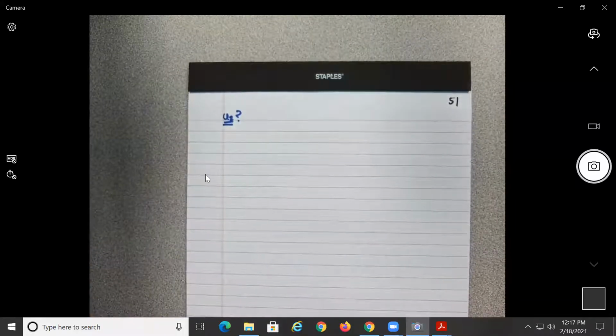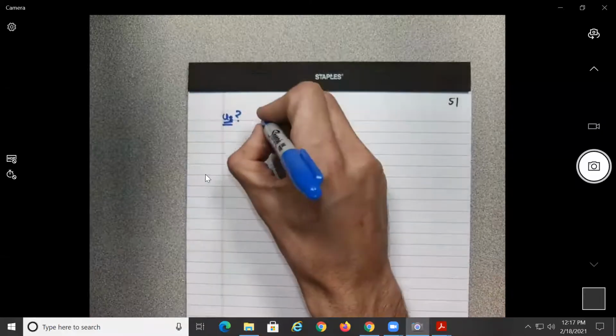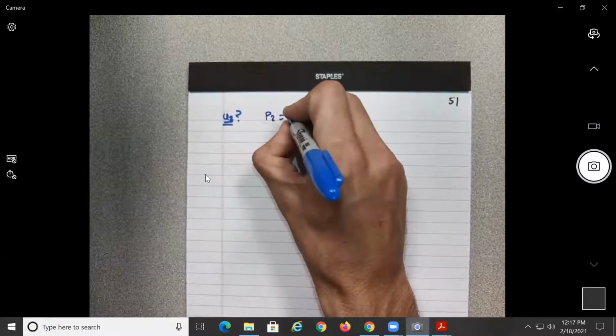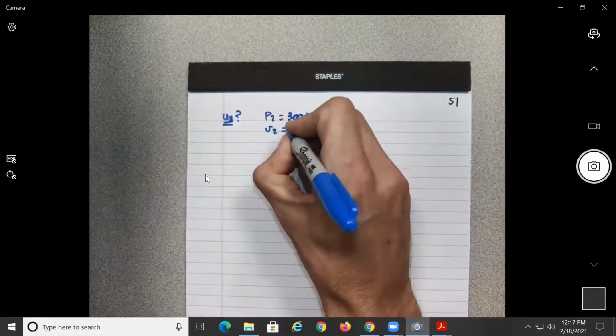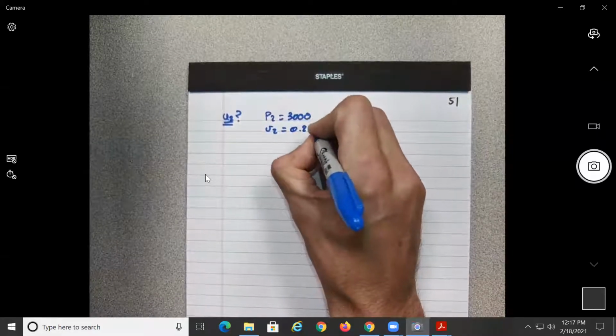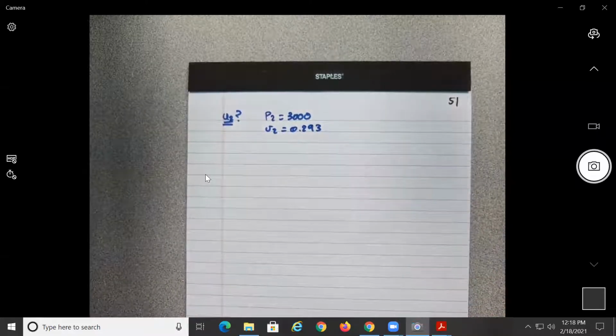So in order to find U2, we need to know two things. So what are the two things we know? We know that P2 is equal to 3000, and we know that V2 is equal to 0.293. Okay?